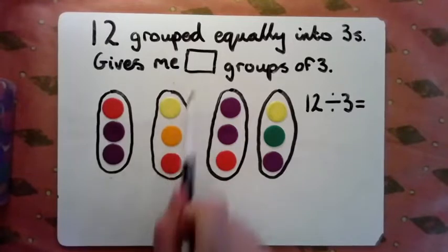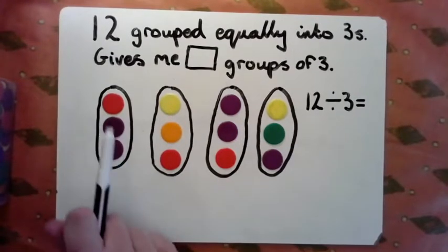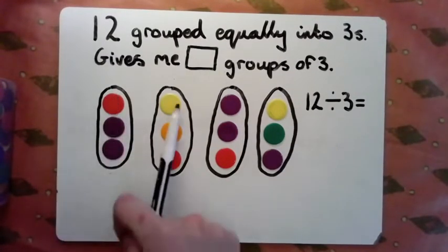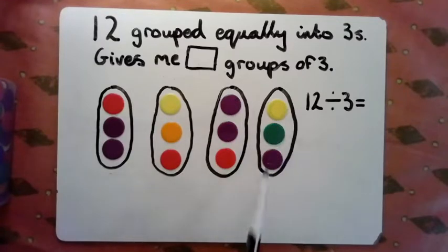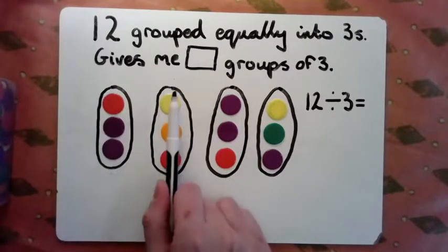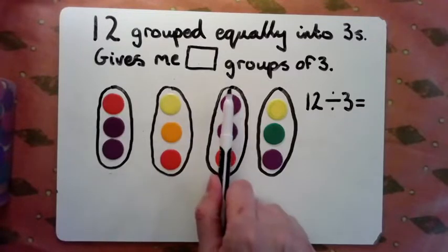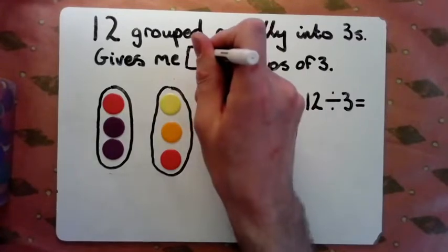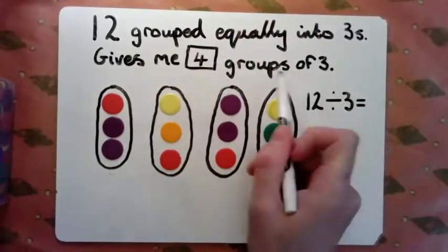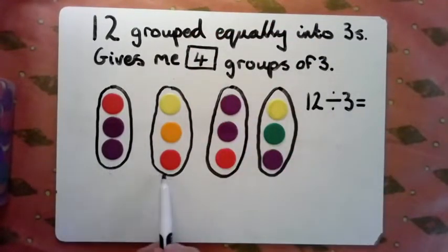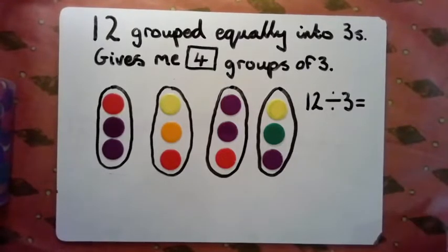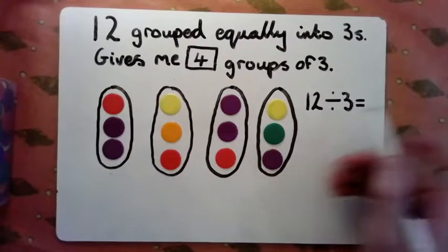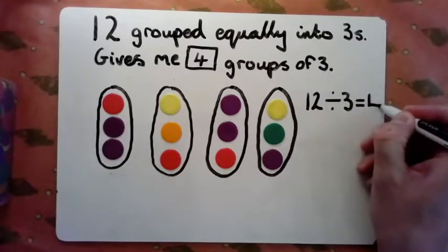Here we can see 1, 2, 3, 1, 2, 3, 1, 2, 3, 1, 2, 3. I've got 1 group, 2 groups, 3 groups, 4 groups. So that gives me 4 groups of 3. Each group has 3, and I've got 4 groups of 3. So 12 divided by 3 gives me 4.